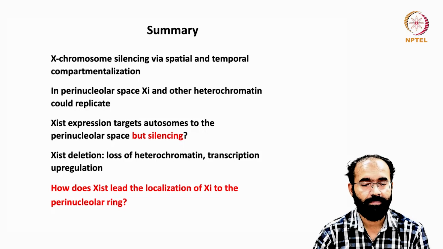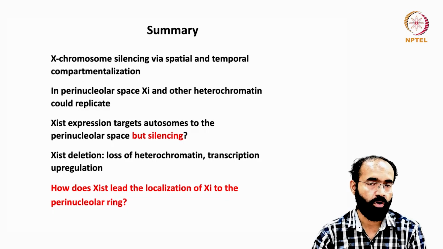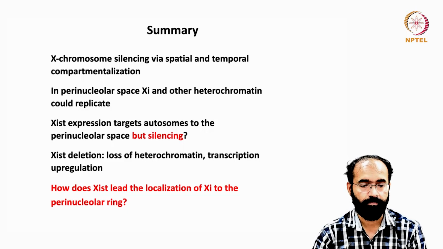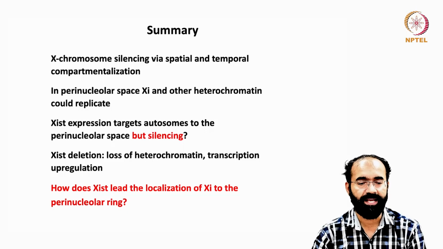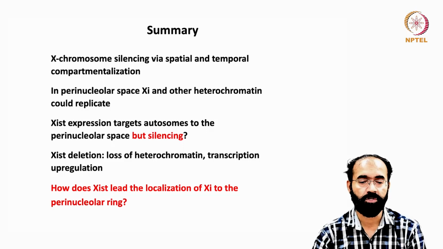So to summarize, the X chromosome silencing happens via spatial and temporal compartmentalization. It's not just Xist alone that is required, it also has to merge or co-localize or go to the vicinity of the nucleolus to maintain that. In the perinucleolar space, the inactive X chromosome and other heterochromatin could replicate.